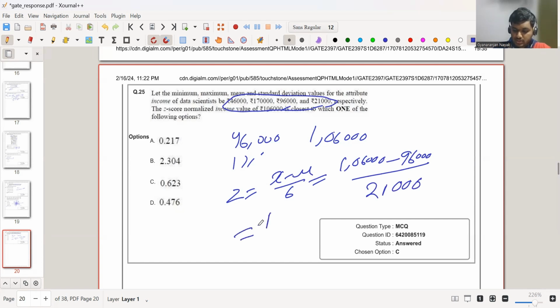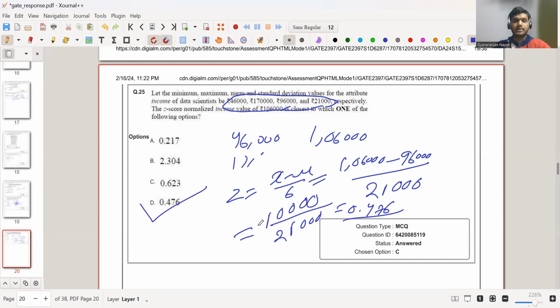So the answer is 10,000 by 21,000, that is 0.476. So option D is correct. Okay, we proceed for next.